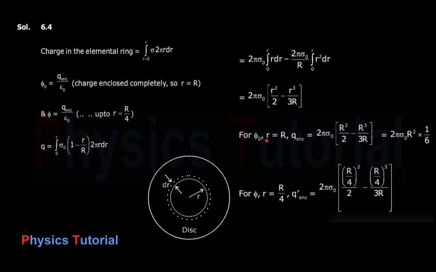So for phi naught, that is r equal to R, q enclosed is equal to 1 by 6 times 2 pi sigma naught R square. Hence you can find, at small r equal to R by 4, q dash is equal to 2 pi sigma naught times (R by 4) whole square by 2 minus (R by 4) whole cube by 3R, as the results over here. These are the upper limit and lower bound.